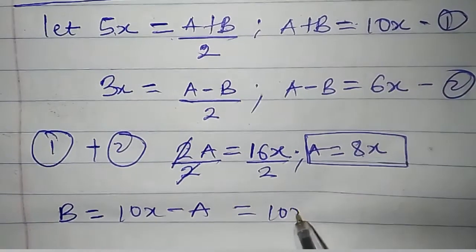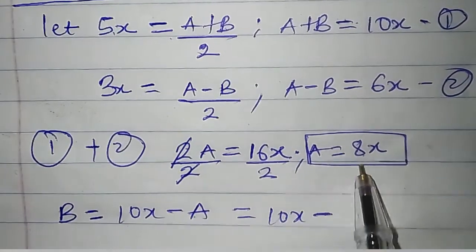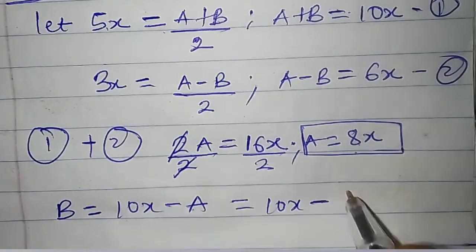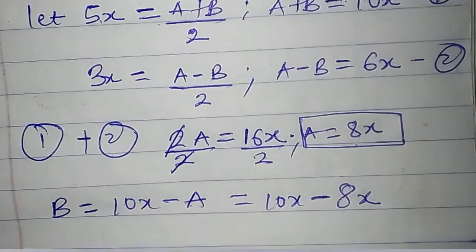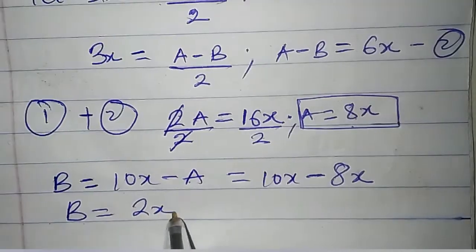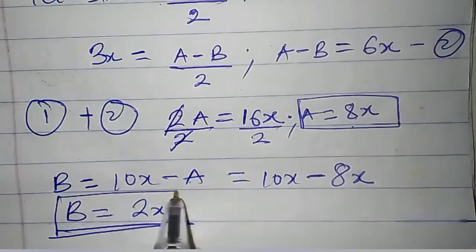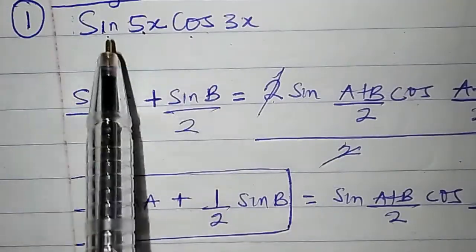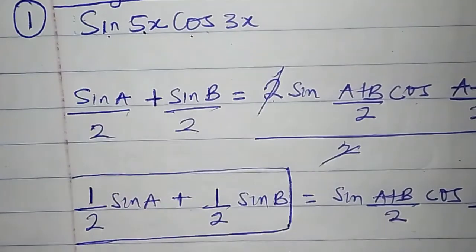So we'll be having 10x minus A is 8x. So 10x minus 8x is 2x. So B is 2x. Remember the question says that we should express this as a sum of two trigonometric ratios.